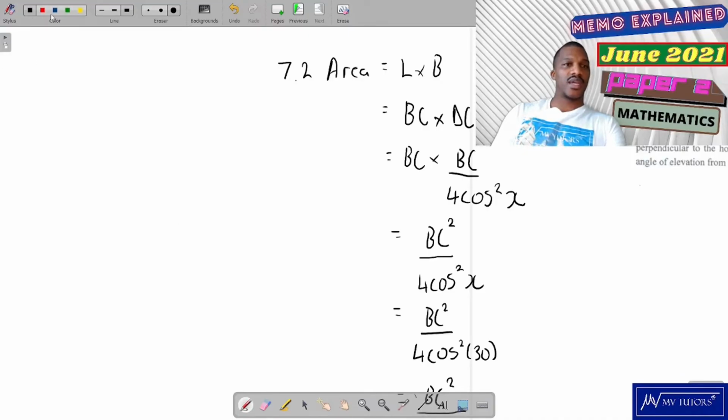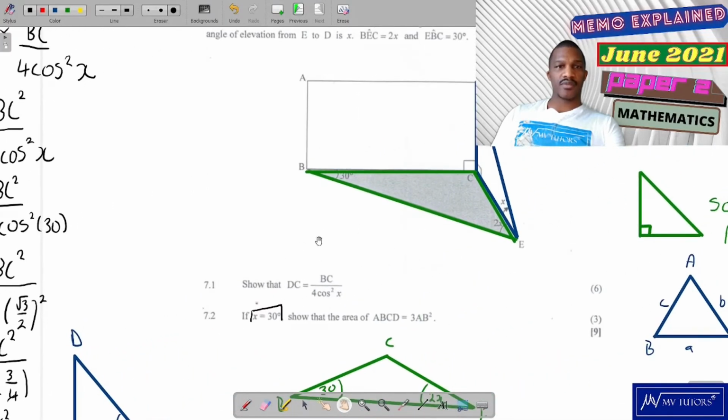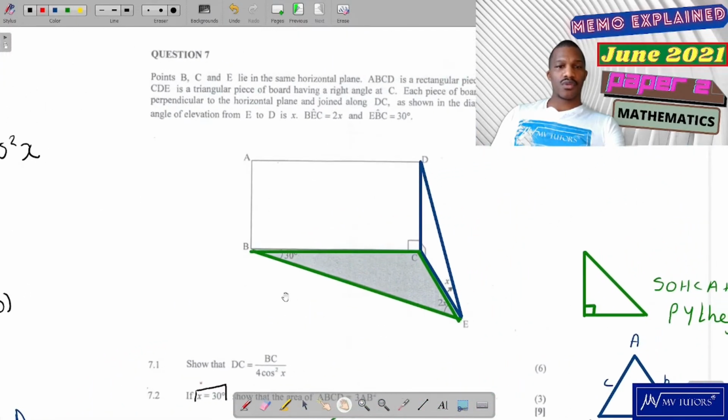Let me use a different color. Let's go for red. So the left hand side, we have 3AB squared. That's what we have to prove now. What you have to notice about AB is that AB is actually equal to DC.